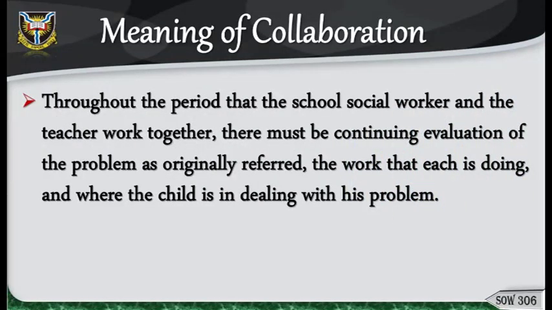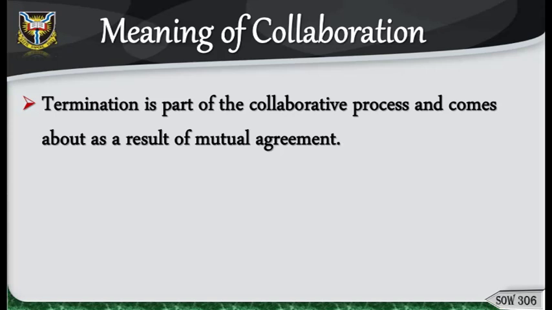Throughout the period that the school social worker and the teacher work together, there must be continuing evaluation of the problem as originally referred, the work that each is doing, and where the child is in dealing with his problem. On the basis of such evaluation, plans may be continued, revised, or reformulated. Termination is part of the collaborative process and comes about as a result of mutual agreement.